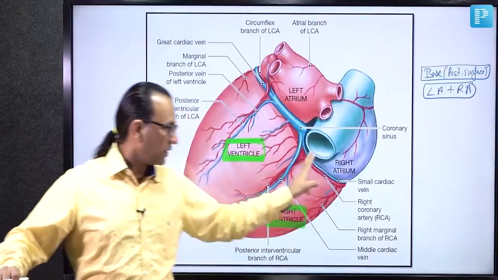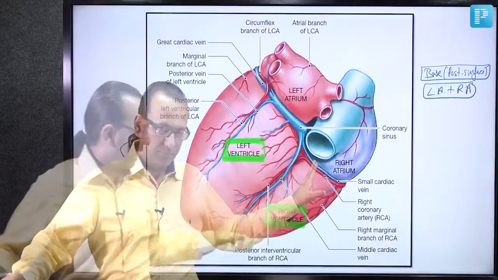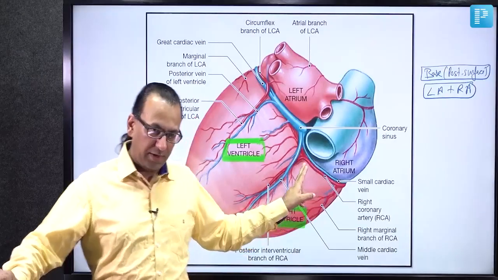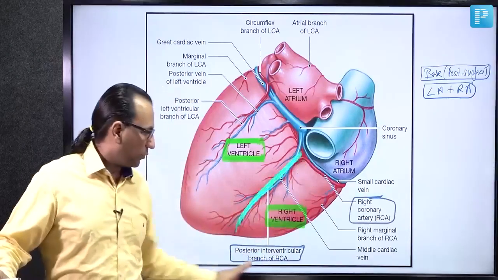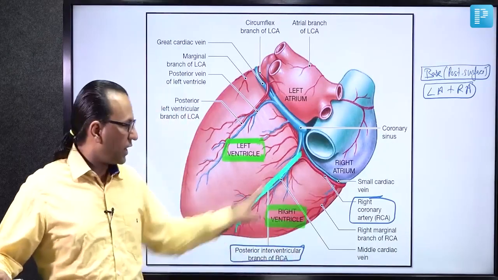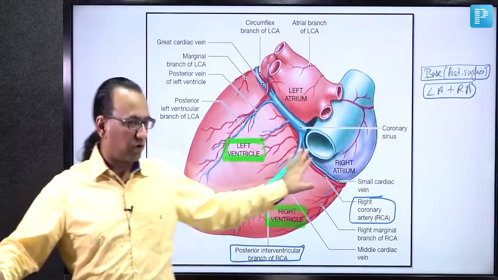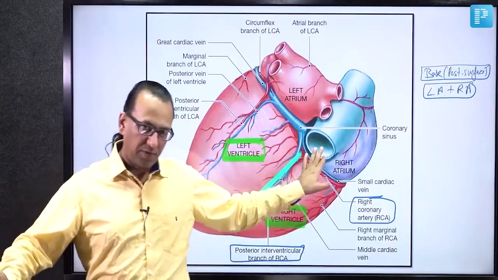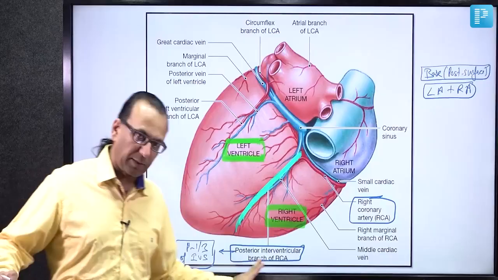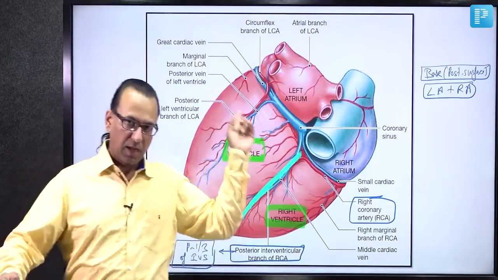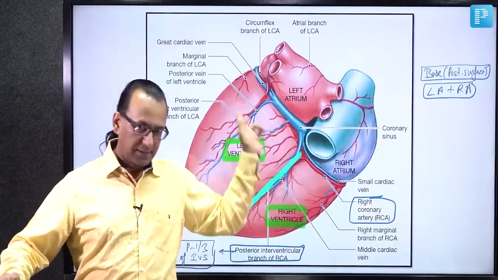the right ventricle, having a posterior interventricular groove on the interventricular septum, having the posterior interventricular artery, which is a branch of the right coronary artery. So this posterior interventricular artery, which is usually a branch of the right coronary artery, runs in the posterior interventricular groove supplying the posterior 1/3 of the interventricular septum, whereas the anterior 2/3 of the septum is supplied by the AIVA in the AIVG, that is, the anterior interventricular artery in the anterior interventricular groove.